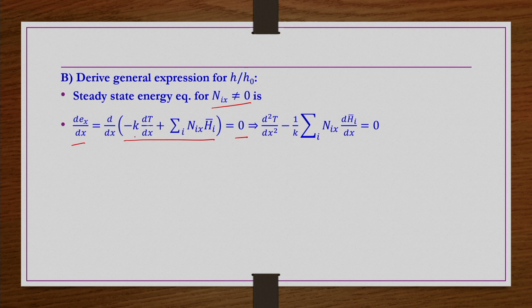So, in this equation we can divide by −k on both sides and then differentiate with respect to x. Then you get d²T/dx² − (1/k) Σ N_ix dH̄_i/dx equals 0. For an ideal solution with T0 as a reference temperature, we have to define H̄_i, because in general these H̄_i are not known, but they are related to the C̄_pi etc., which are known for a given system from standard textbooks.